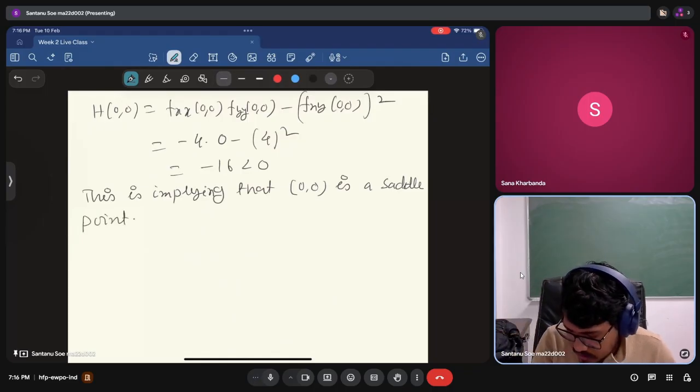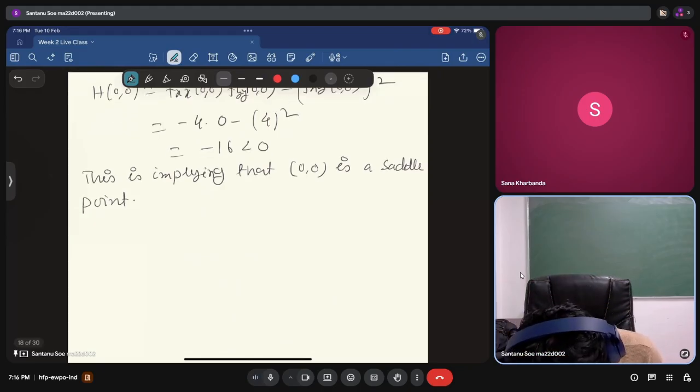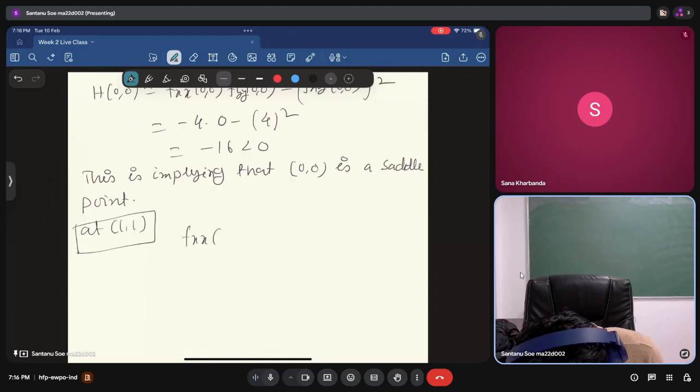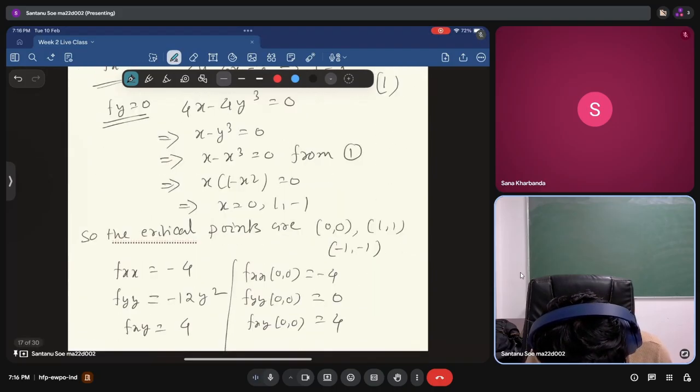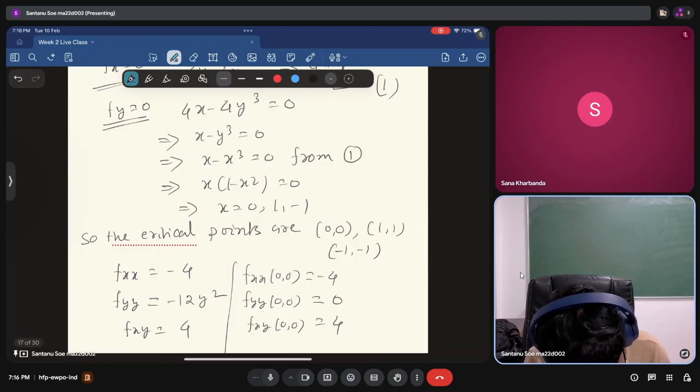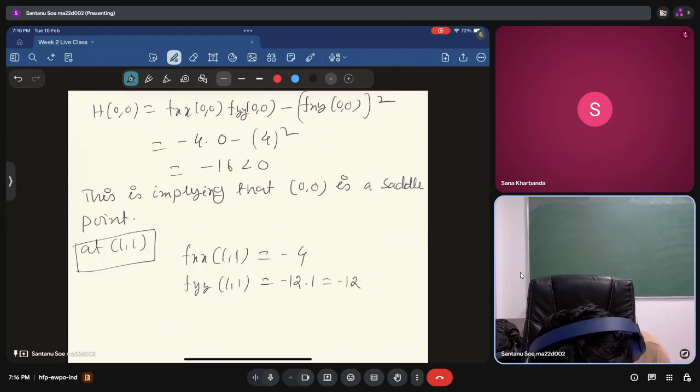Okay. So now we have to find out at the points (1, 1) and (-1, -1). So at (1, 1), fxx at (1, 1) was minus 4, so this will be still minus 4. fyy at (1, 1) will be minus 12 times 1, which is minus 12.